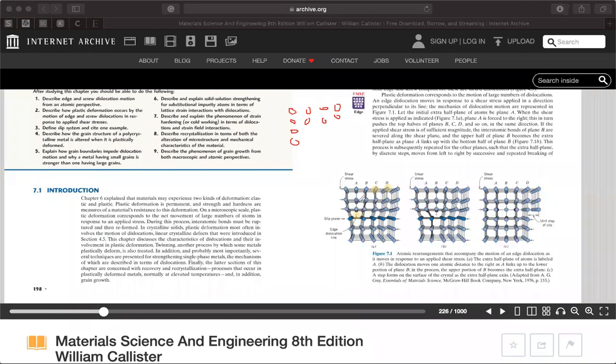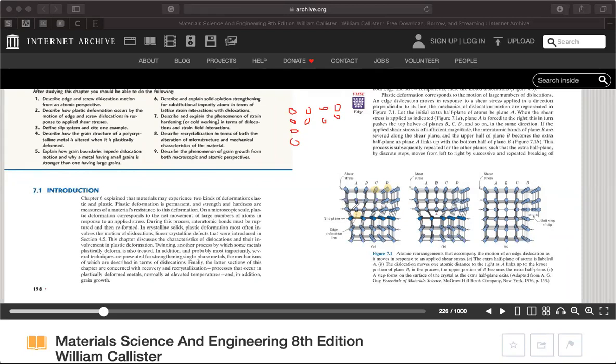Now, arranged lattice points. Arranged lattice points are what you expect in the perfect crystal, right? Now, what do you see here in terms of the atom positions? Do you think the atoms around this region are in their equilibrium position, or are they shifted? Shifted, right?